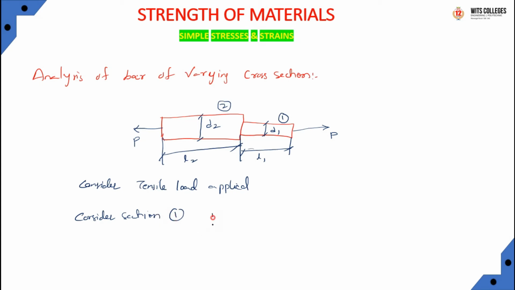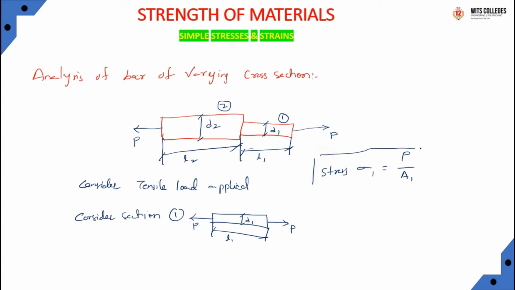This is P, and here also load P is acting, the length is L1, and this is D1. So what is the stress formula? That is sigma 1 equals P by A1. This is stress.